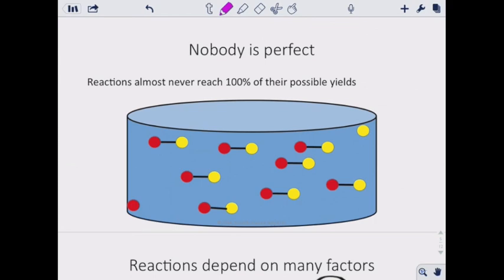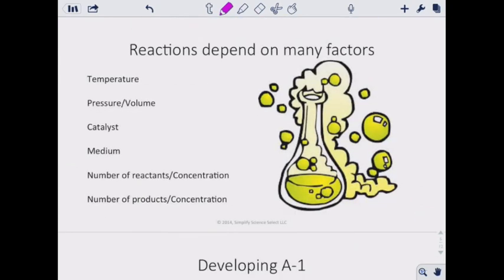Reactions almost never reach 100% of their possible yield, and that just comes from experimental error and things like that. Reactions depend on many factors: temperature, pressure, and volume, if there are catalysts used, a medium, number of reactants, concentration, number of products, concentration. So there are a lot of things that go into whether the reaction is going to get close to 100%.